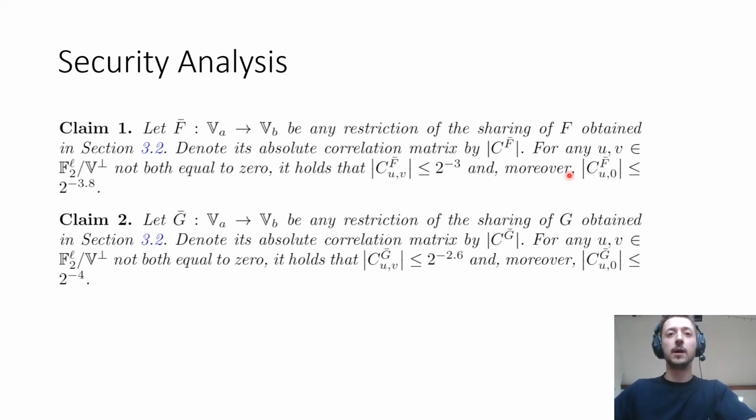Because these are not permutations on their own, they become permutations because we put them in the changing of the guards structure. We also bounded their non-active to active transitions by 2 to the minus 3.8 and 2 to the minus 4.